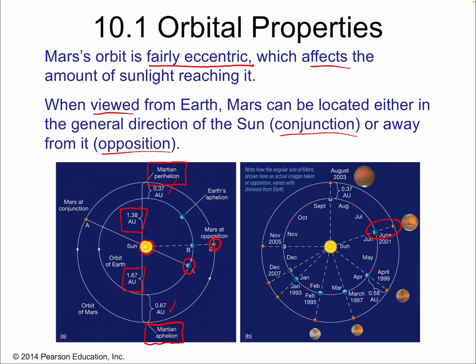We would see it in the middle of the night because we're looking away from the sun. Now sometimes we have to look at the sun to see Mars. Of course, you wouldn't be able to because it'd be washed out by the sunlight, unless maybe it's an eclipse or you have a special telescope. But regardless, there are certainly times where Mars is behind the sun. So that's the idea between the orbits of Earth and Mars and the observations of Mars.